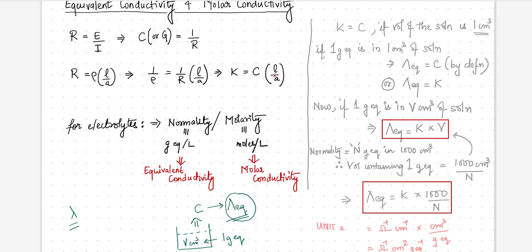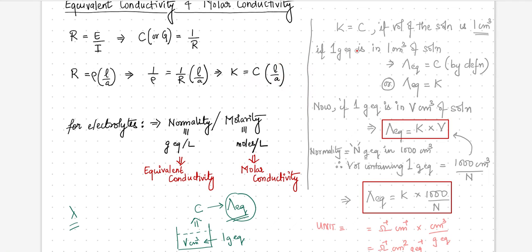At that time I told you, if you have a conductivity cell with a length of 1 centimeter and an area of 1 centimeter square, or a conductor with a volume of 1 centimeter cube, in all these cases the conductivity would be equal to conductance. That we learned in the previous video.